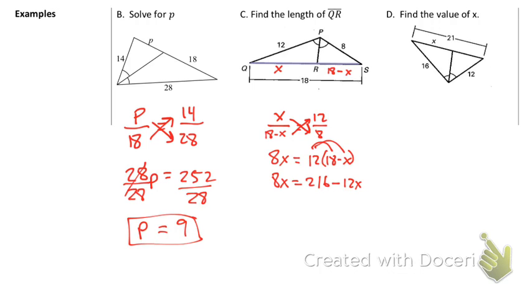Then our goal is to solve for X. So I'm going to add 12X to this side because I want to get the X's together. This gives me 20X equal to 216.